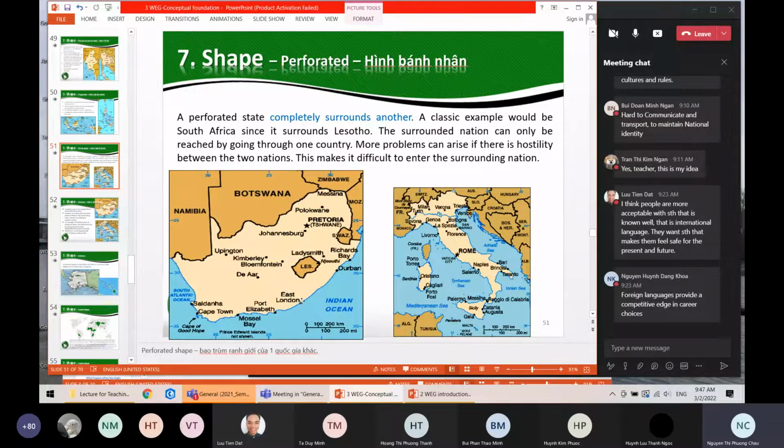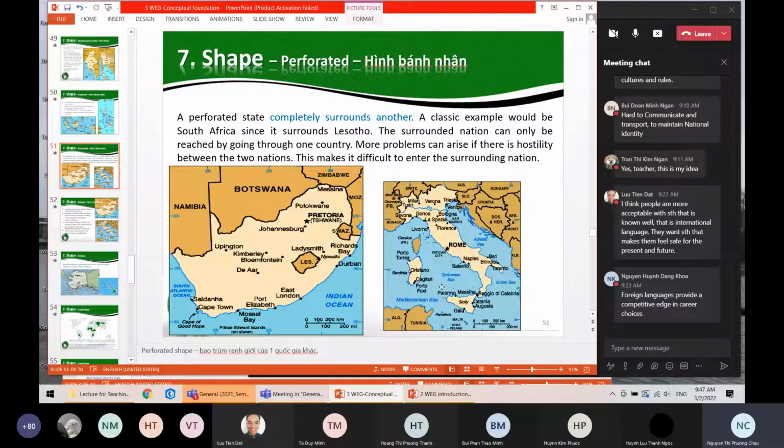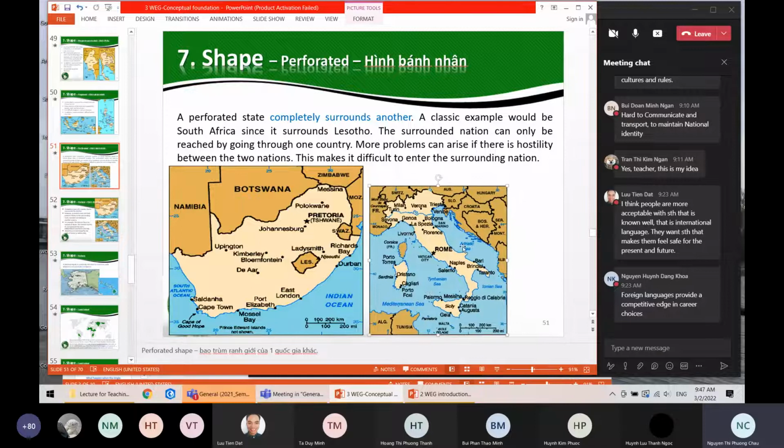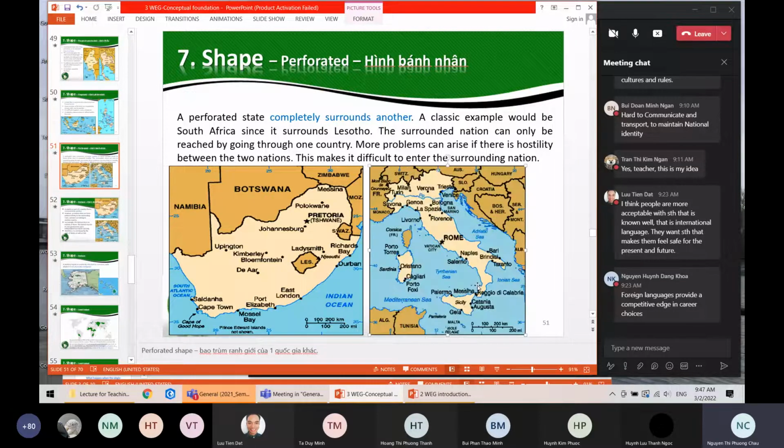We have another case like Vatican City. Vatican City is an independent nation, but totally located in Rome, and Rome belongs to Italy. But the Lesotho case is different from the Vatican case.